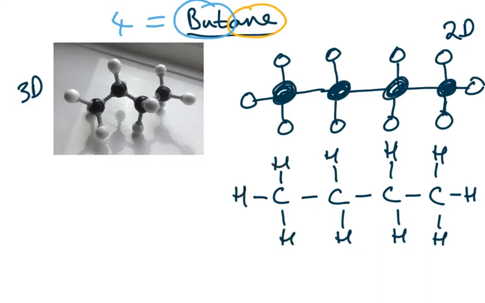Okay, so again, my molecular formula here, I've got 1, 2, 3, 4 carbons, and with my hydrogens, it's becoming a little bit difficult to count all of the hydrogens. So I've actually got 10 hydrogens here, but this is where we start to think a little bit about patterns and how we can work out the formulae without having to count everything.